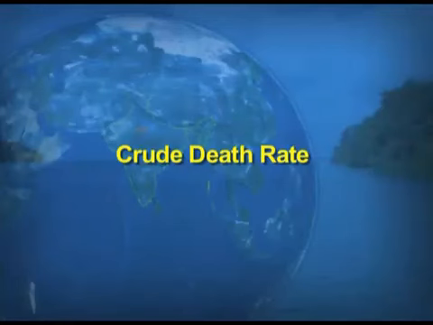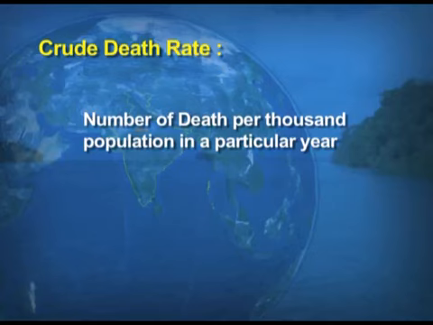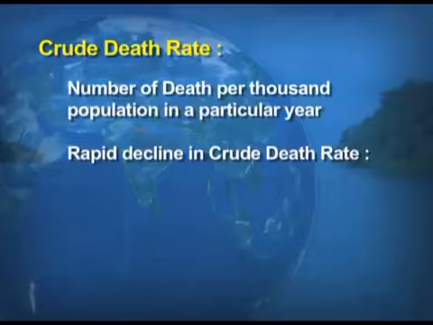Now, we talk about what is crude death rate. The number of deaths per 1,000 population in a particular year is known as crude death rate. In this death rate, there has been a rapid decline for the past many years.